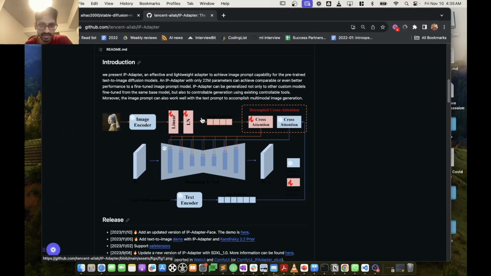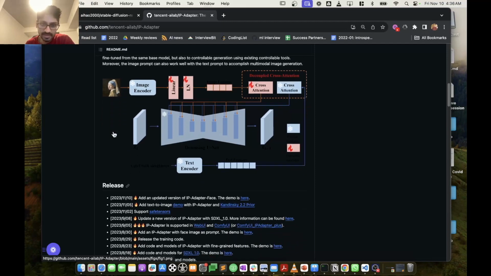The way IP adapter handles it is it uses an additional cross attention layer that goes along with your text embeddings cross attention layer. You have a frozen image encoder and you use that to do cross attention. So the output that is generated doesn't only respect your input text prompt, but also your input image. That was the primary idea behind this paper.